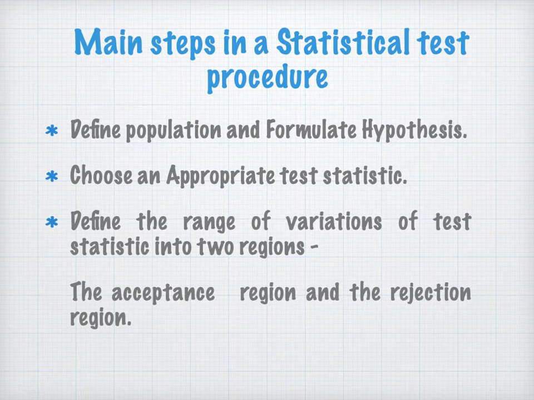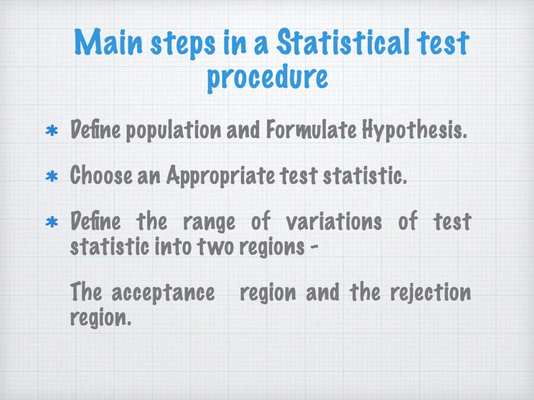Depending on the population and the hypothesis, we can choose an appropriate test statistic. That test statistic is a function, and with the value that function gives, we can decide whether to accept or reject H naught.